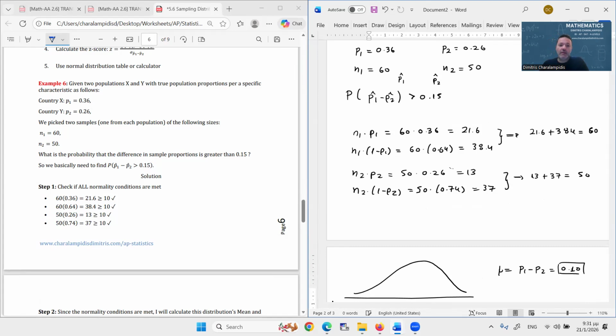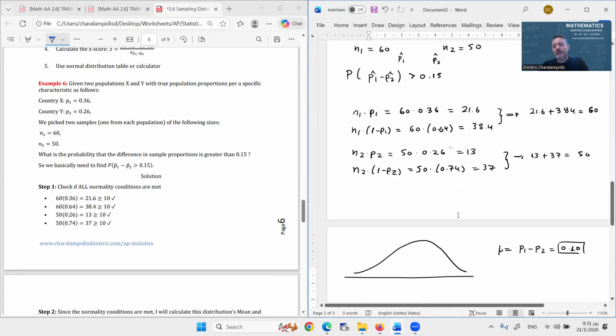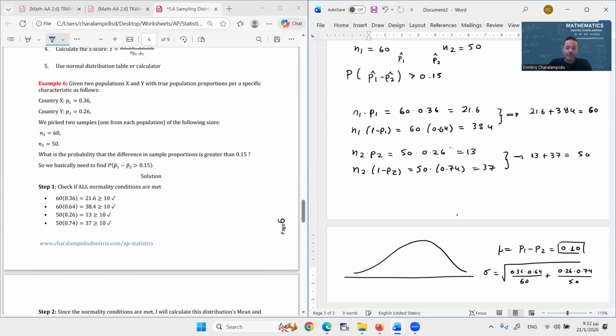That should be the mean. And the standard deviation would be given by the square root of p1, which is 0.36, times 1 minus p1, which is 0.64, over 60, plus p2, which is 0.26, times 0.74, over 50.